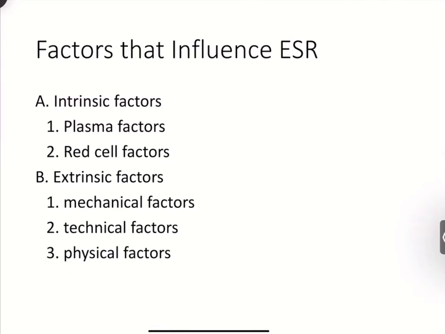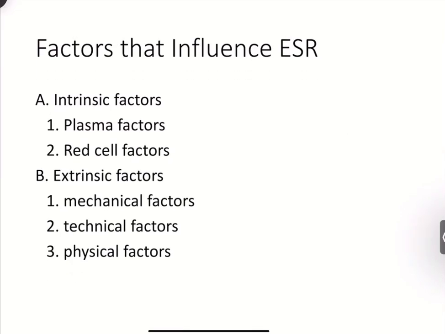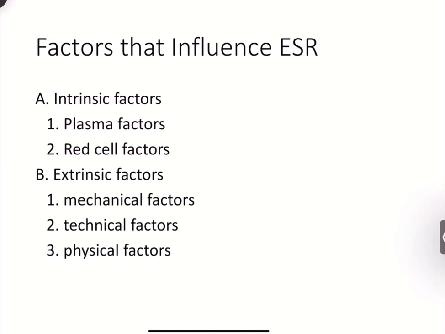Of course, we do have factors affecting your ESR count. We have intrinsic factors like the plasma factor and your RBC factor. Your plasma factor is increased in fibrinogen, which signals the cells to agglomerate.